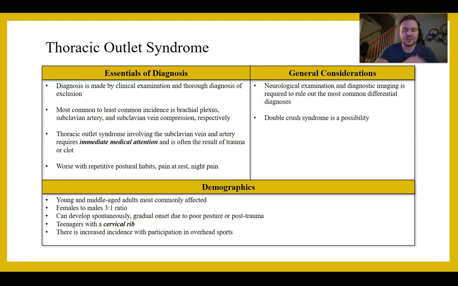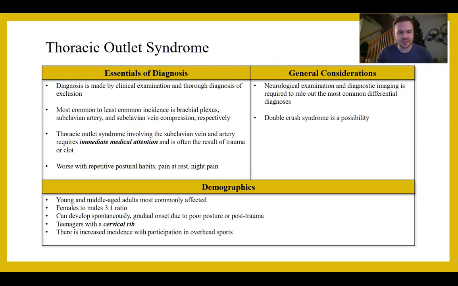Diagnosis of thoracic outlet syndrome is made by clinical exam, and it's really a diagnosis of exclusion. Other things like cervical radiculopathy may be more common and give you similar symptoms down the arm. If you notice that this is a vascular case, meaning an arterial or a venous case, immediate medical attention is needed. Refer them out.